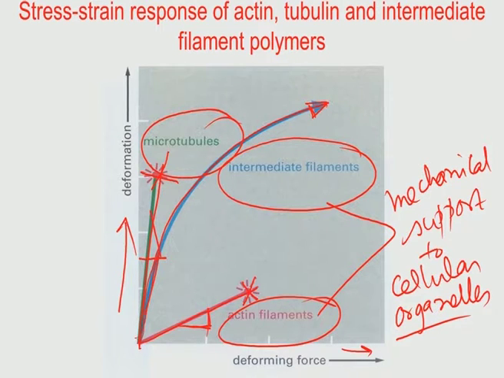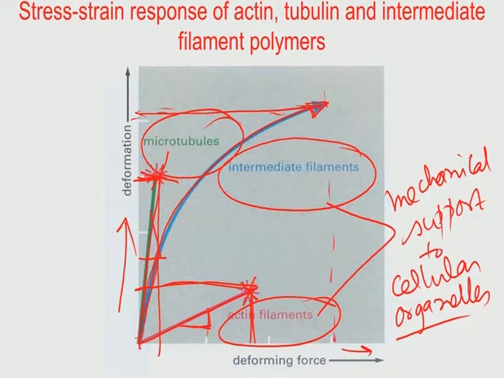Intermediate filaments can sustain both large force magnitude as well as larger deformation. Whereas actin filaments, although force wise it is the second, that is the maximum force it can sustain, strain wise or deformation wise is much smaller than microtubules. Whereas microtubules can sustain larger strain, but at an extremely small force.